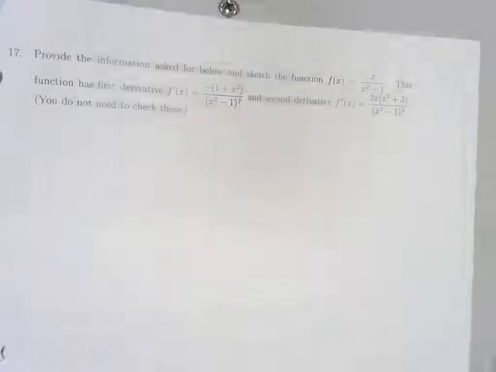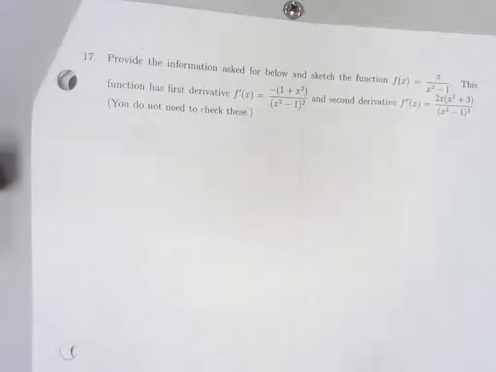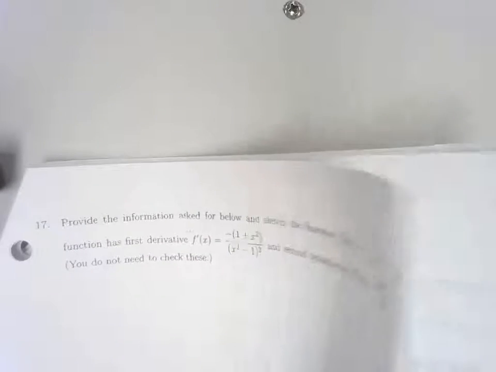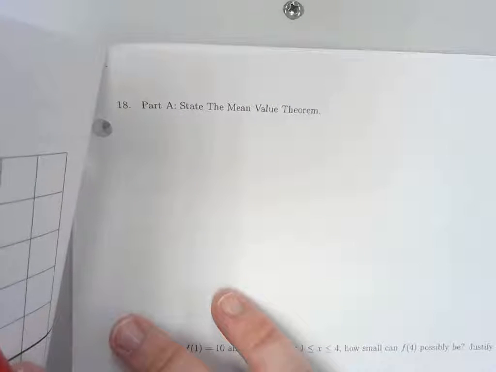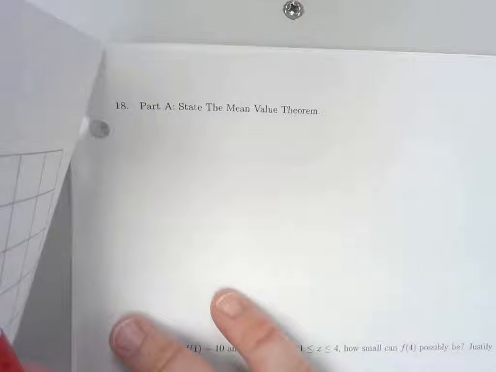Okay, I'm going to skip 16 for now, we'll look at 17. I have a method to my madness. I'm moving around. Oh, there's 18. If we look ahead at 18, this is why I think it may be beneficial to have that quiz, because this is just state the mean value.